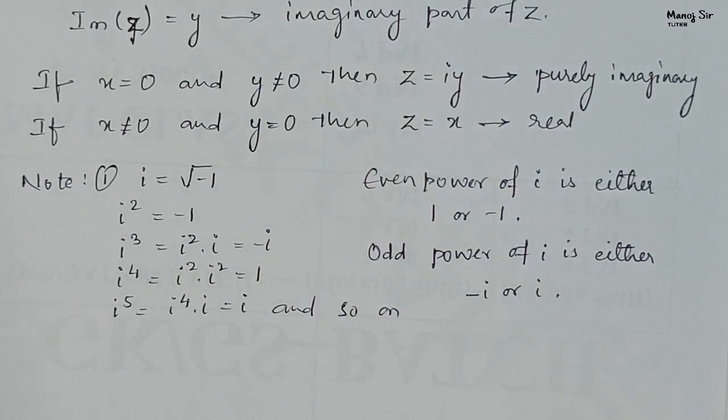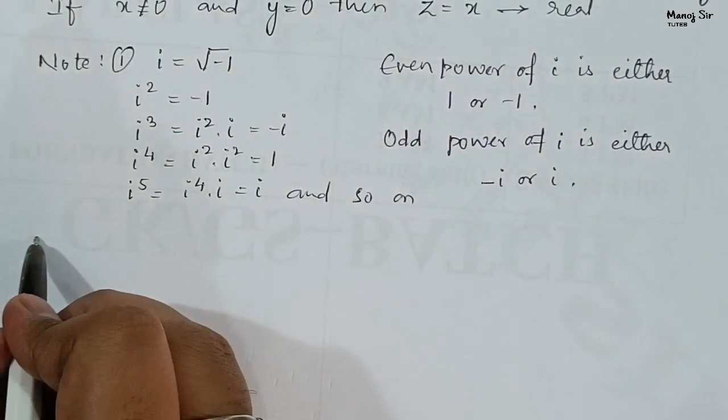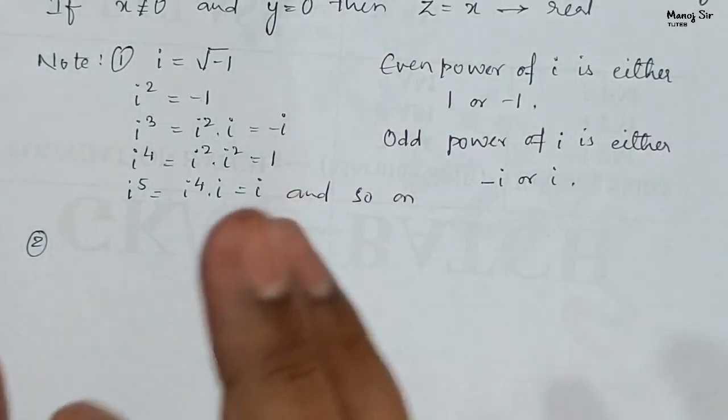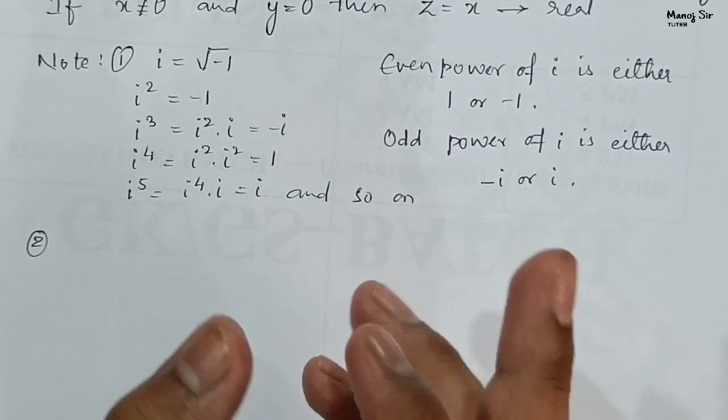Okay, now coming to the second note point. Suppose you have two complex numbers z1, z2, and we are saying both the complex numbers are equal. Then what should be the required condition?